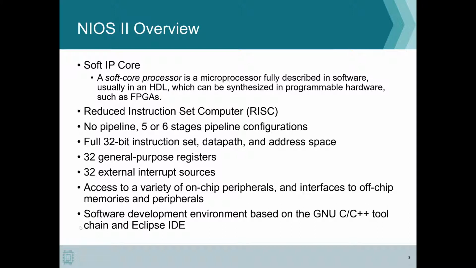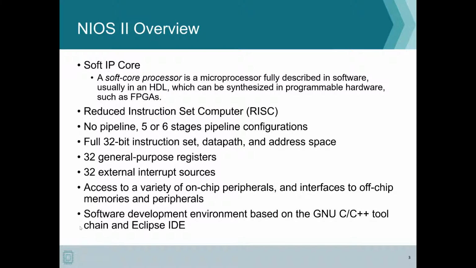It also is a RISC, which is a reduced instruction set computer, and it can be configured for 3 different configurations, namely with no pipelining, with 5 or 6 stage pipelining. It is a complete 32-bit processor, so it has a 32-bit instruction set.